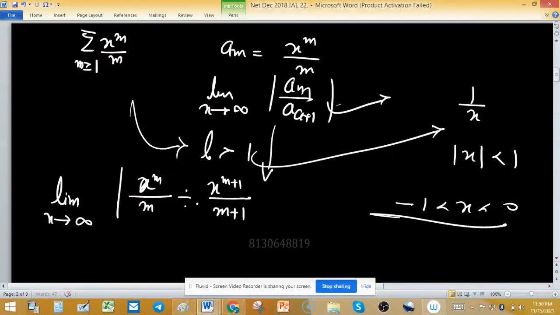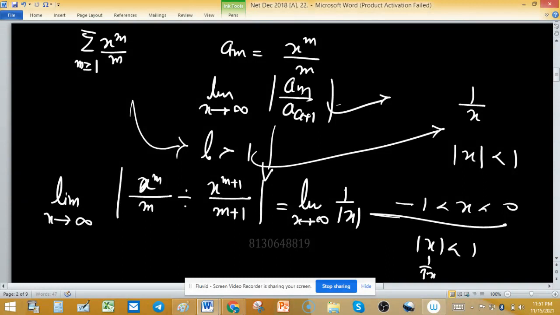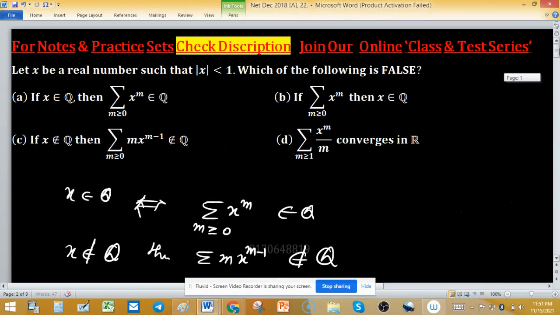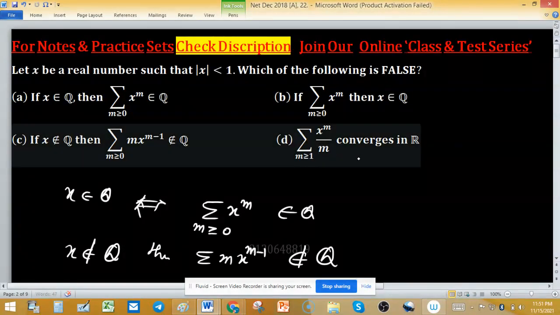The limit of this expression will equal 1 upon mod x, and mod x is less than 1. It means the reciprocal will be 1 upon mod x greater than 1. Because the limit is greater than 1, using D'Alembert's ratio test, this series is convergent, so option D is true. Options A, B and D are true.